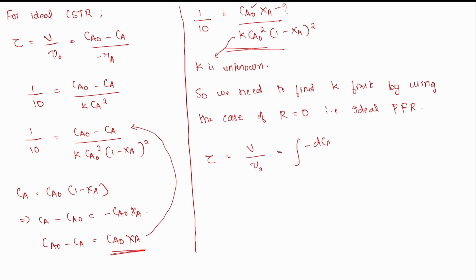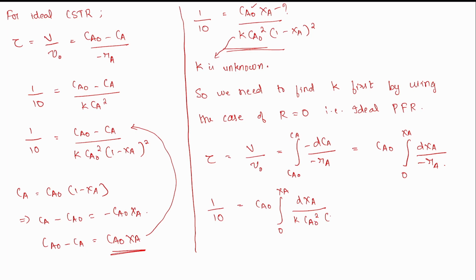So for ideal PFR, tau is equal to V by nu 0, which is equal to the integral of minus dCA by minus RA from CA0 to CA, which is equal to Ca0 into the integral of dxa by minus Ra from 0 to xa. Here V is 1, nu 0 is 10, given in the question, so it is Ca0 into the integral of dxa by k Ca0 square into (1 minus xa) the whole square.